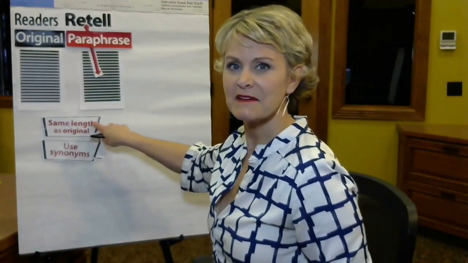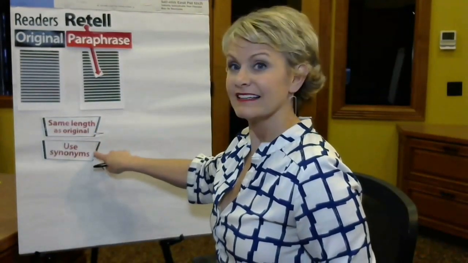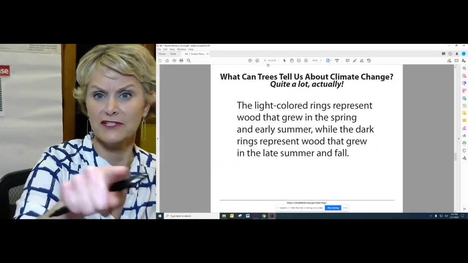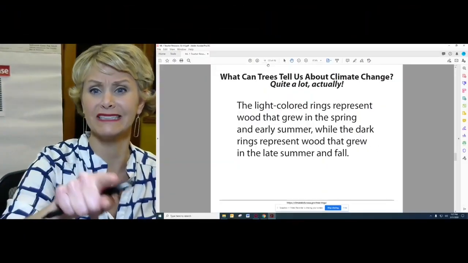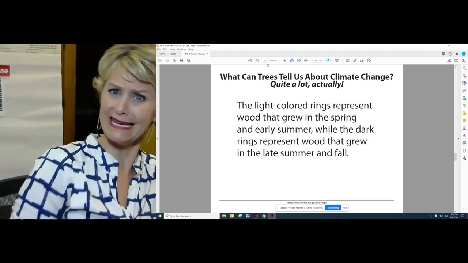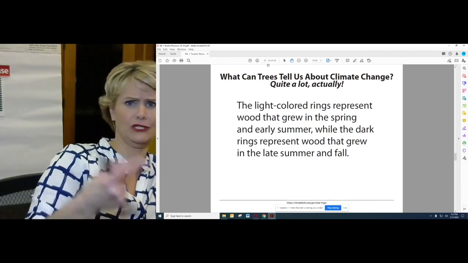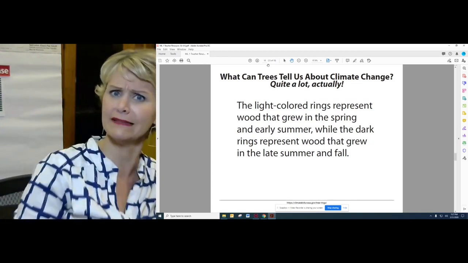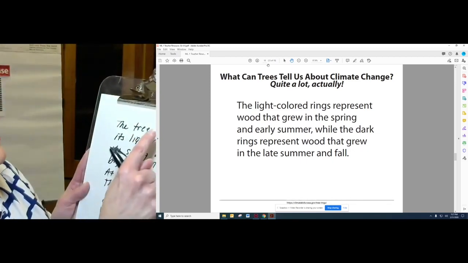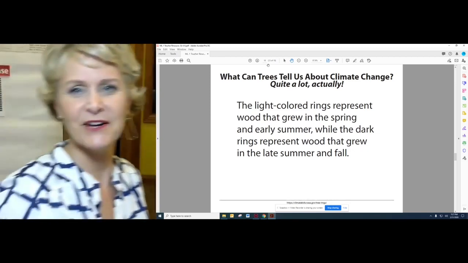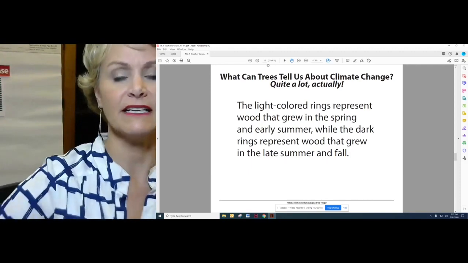Is it about the same length? Oh, yeah. Let's check. The light-colored rings represent. That's the first 4 or 5 words from the author. Does that sound like you? No. You don't walk around talking like that, so don't write like that. The tree grows its light ring. Well done. Well done, class.